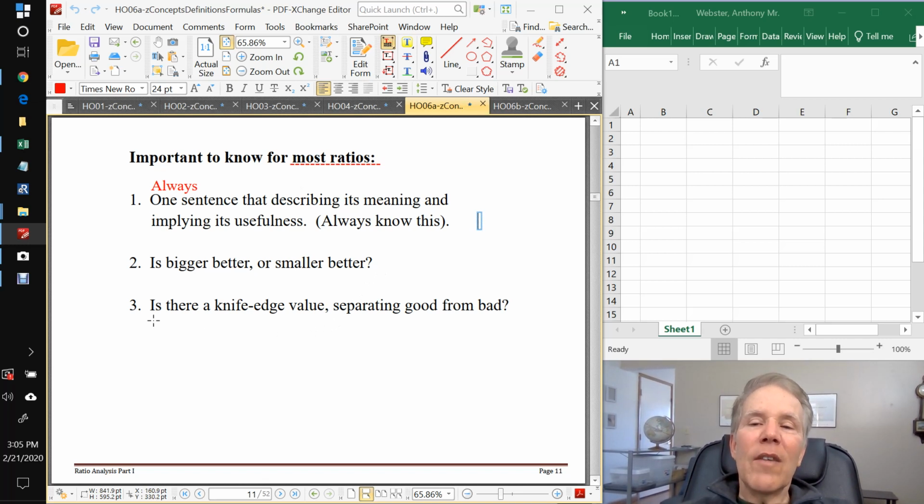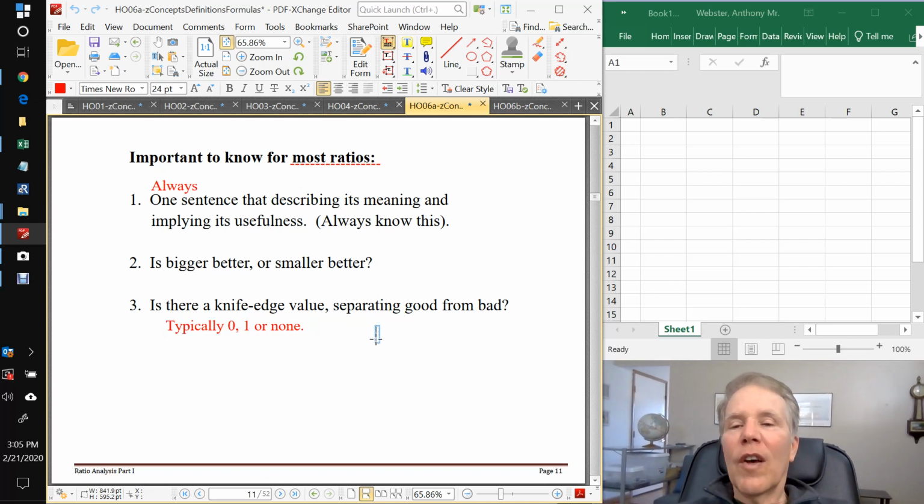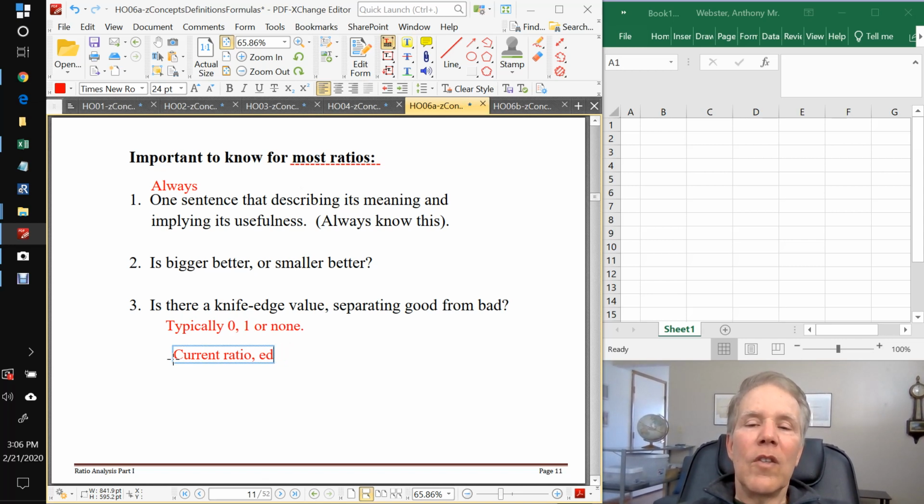And is there a knife edge value separating good from bad? It's typically 0, 1, or none. A lot of the ratios had no knife edge. Some did. For example, the current ratio has its knife edge at 1.